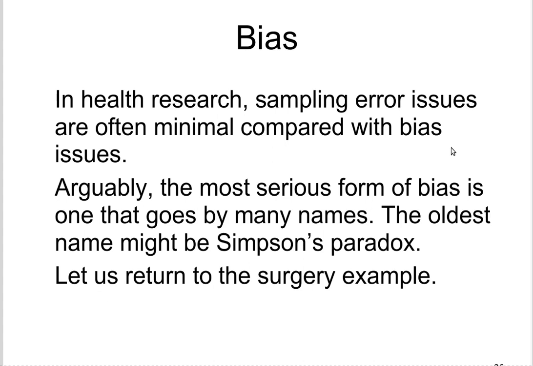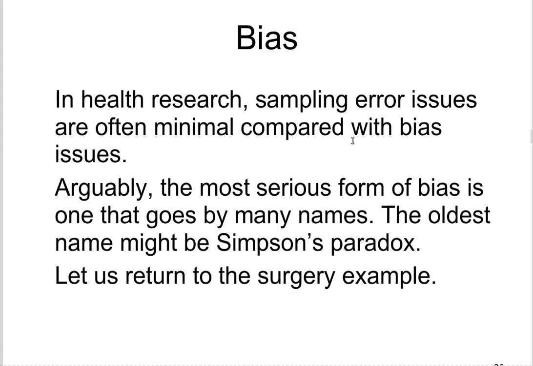But bias, oh boy, that can be tough. That can be a very tough one. We will see that one of the forms of bias that really can be a challenge for the epidemiologist or the biostatistician is one that has many different names. The oldest, though, might be Simpson's paradox.